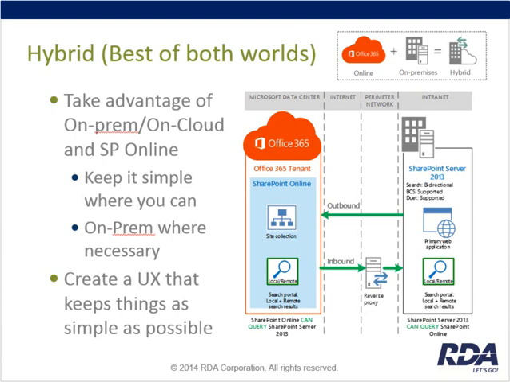The other approach is the inbound connection, which is the reverse of what I just described in the outbound, where users within the Office 365 SharePoint Online world could actually search and get results for something, probably not everything internally, but you could expose certain pieces of your internal SharePoint farm to SharePoint Online.